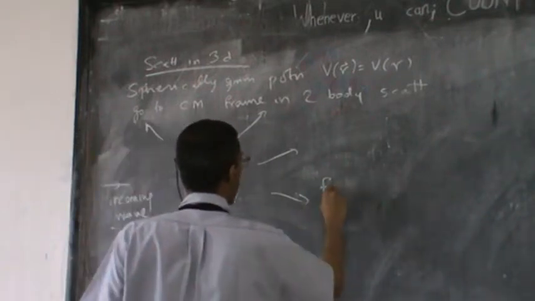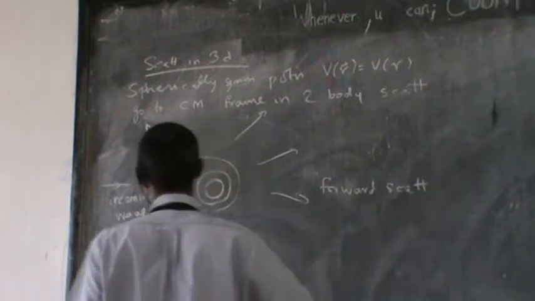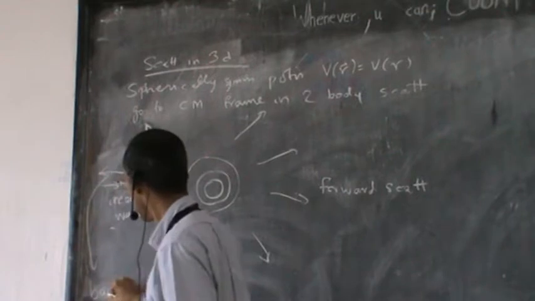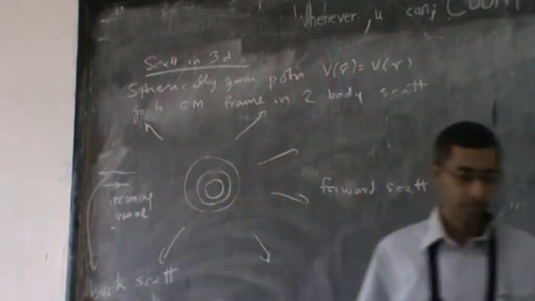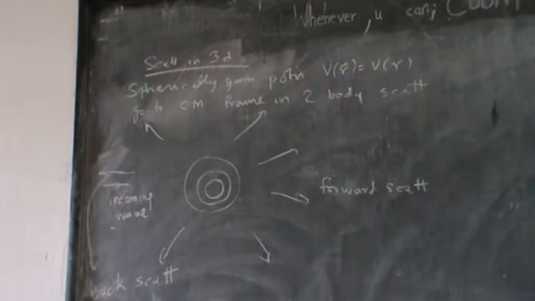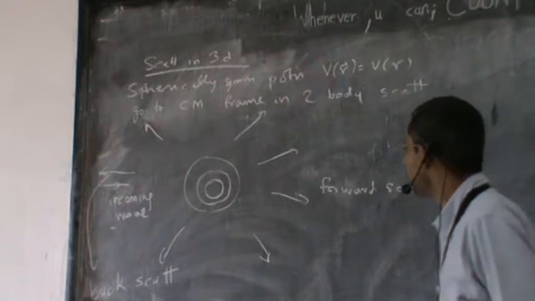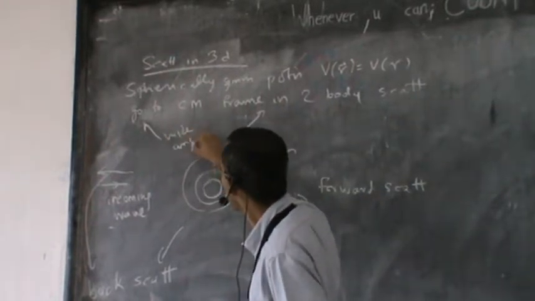So this is called the forward scattering direction. This side, if there is anything coming here, will be called back scattering. It's a reasonable term. And this would be wide angle scattering.